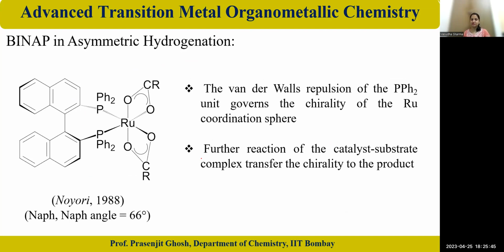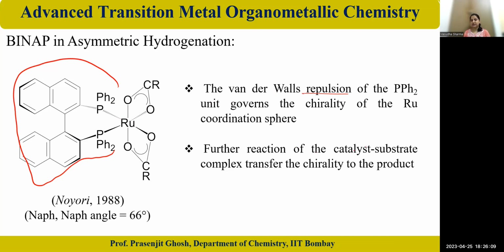So for the asymmetric hydrogenation, what kind of systems do we use? This system is a BINAP system. And this is coordinating with your ruthenium, which is bringing, as you can see, this is wedge shape and it is coordinating with the ruthenium and chirality is being brought. The van der Waals repulsion of the PPh2 unit governs the chirality of the ruthenium coordination sphere.